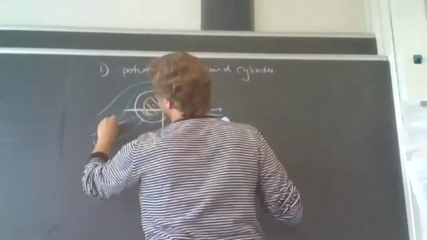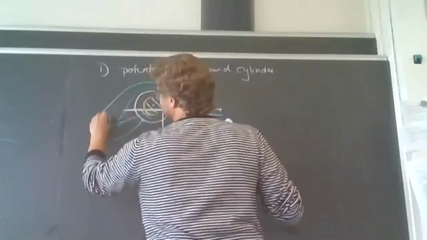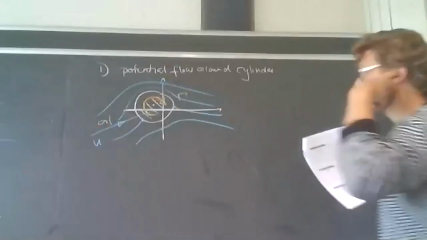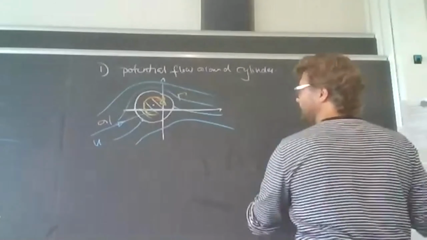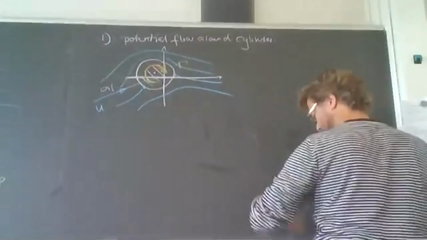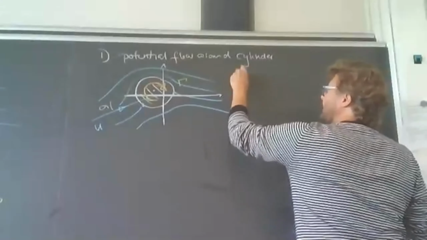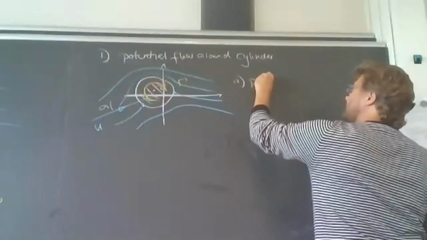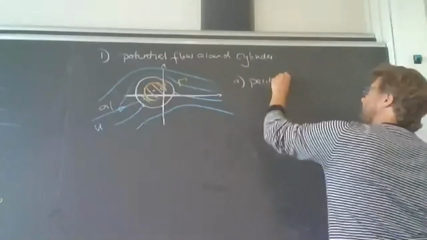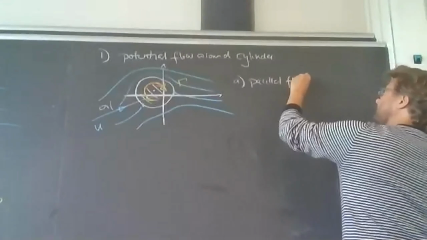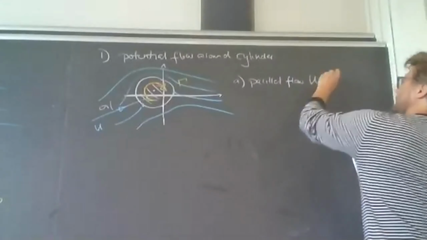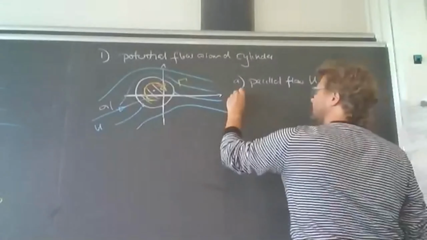Here we have the angle of attack alpha. And then, let's say here, A, we have the parallel flow U, angle of attack alpha.